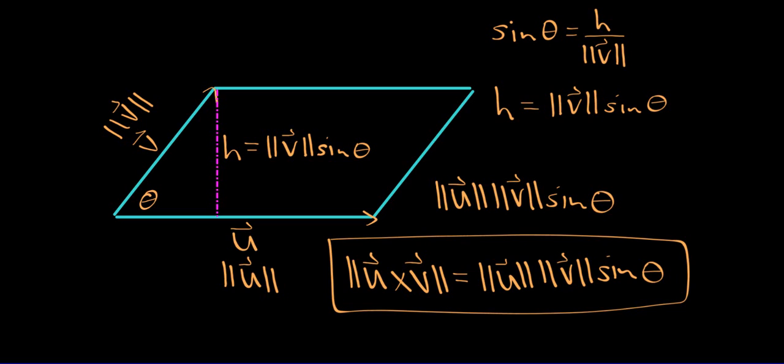Now, there's something I want to show you that's kind of cool, though I don't really care much about it, and that is what happens if we have a parallelepiped. It's like a three-dimensional parallelogram, right? The reason I'm showing you this is that it gives you an idea of how powerful the cross product is and what you can do with it.